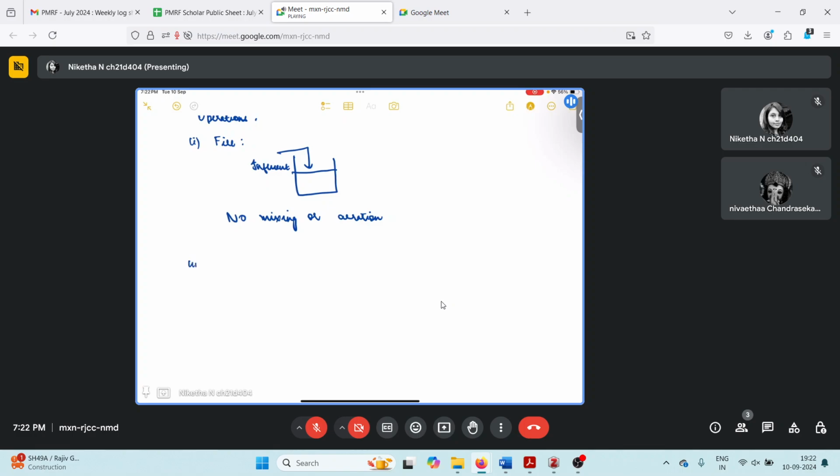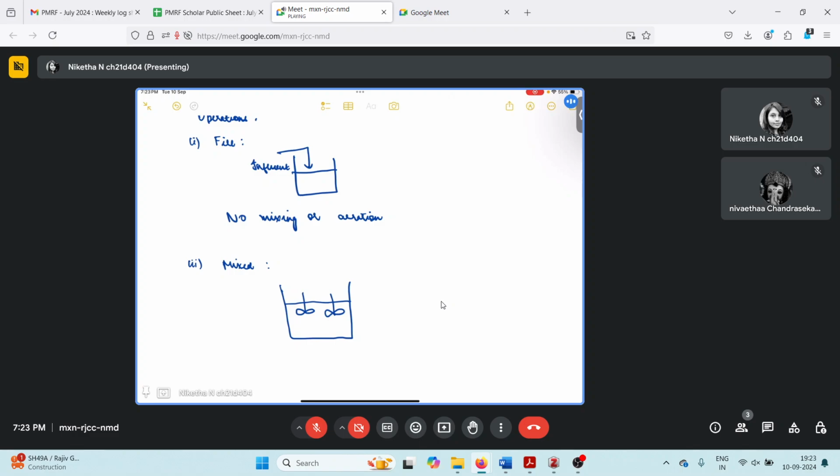Okay, so then the next step is mixed fill, or just mixing. So now the tank is totally filled. Now we will do mixing.